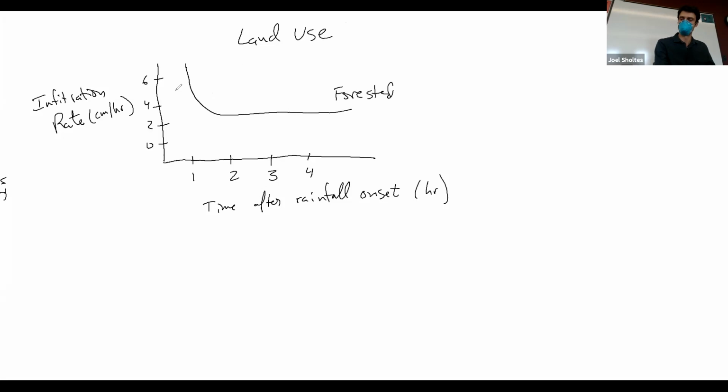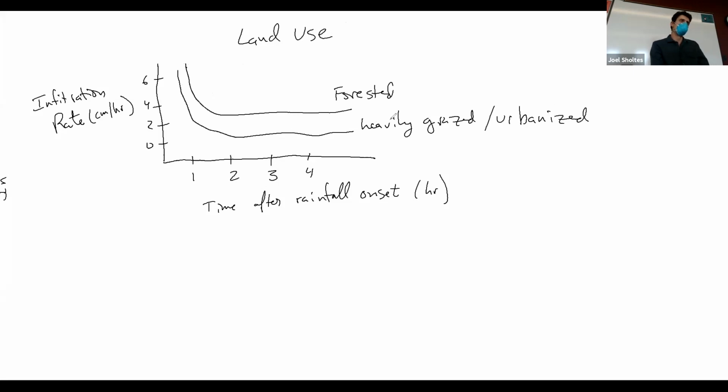And then maybe we have something that could be something like, we'll say heavily grazed or urbanized, something like that. In these cases, maybe the soil doesn't drain as well, maybe it's compacted, you don't have those macropores or porosity, and there's just less potential to infiltrate.